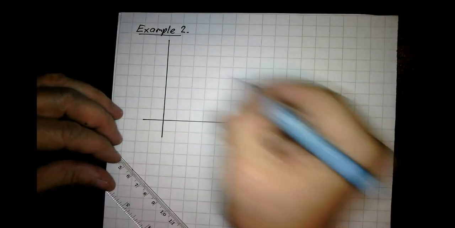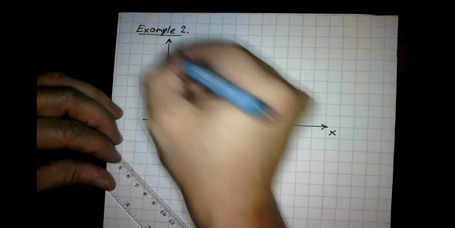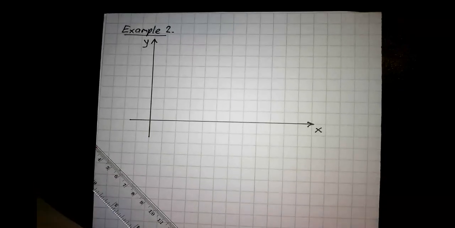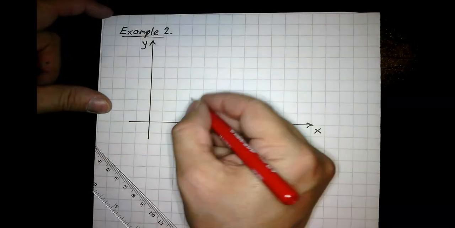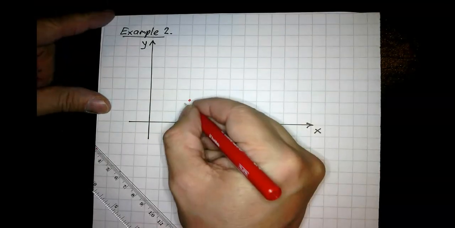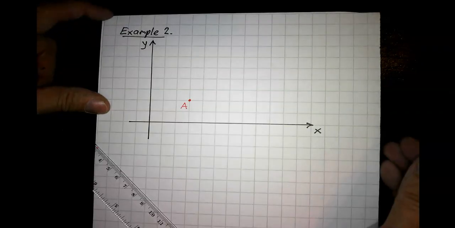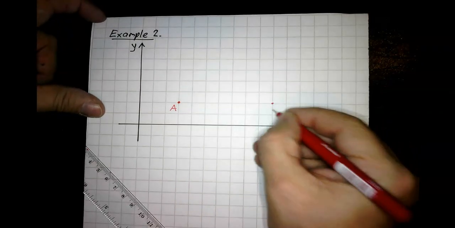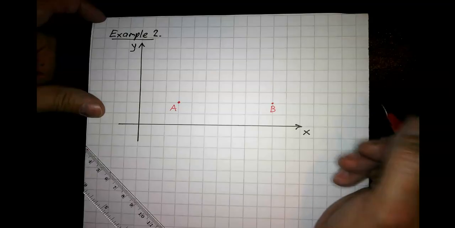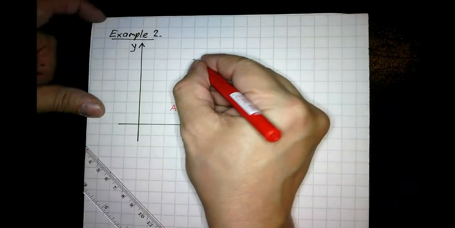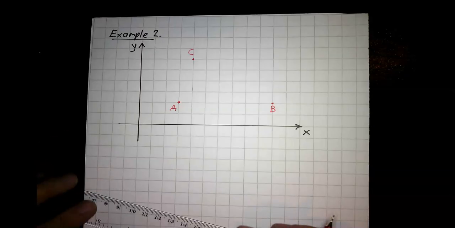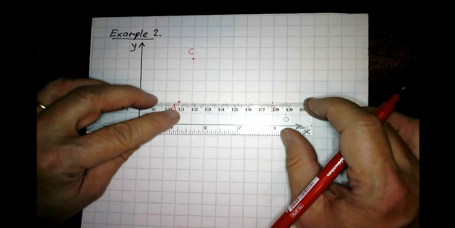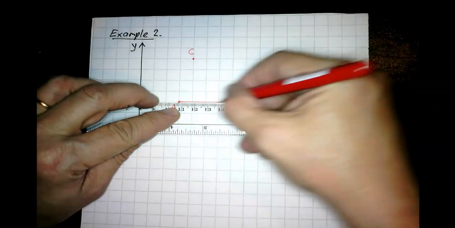There are coordinates here, x, y, and let's say that I have 3 points in the figure. Here we have the point A, and here we have the point B, and here we have the point C. So I will draw a triangle there.